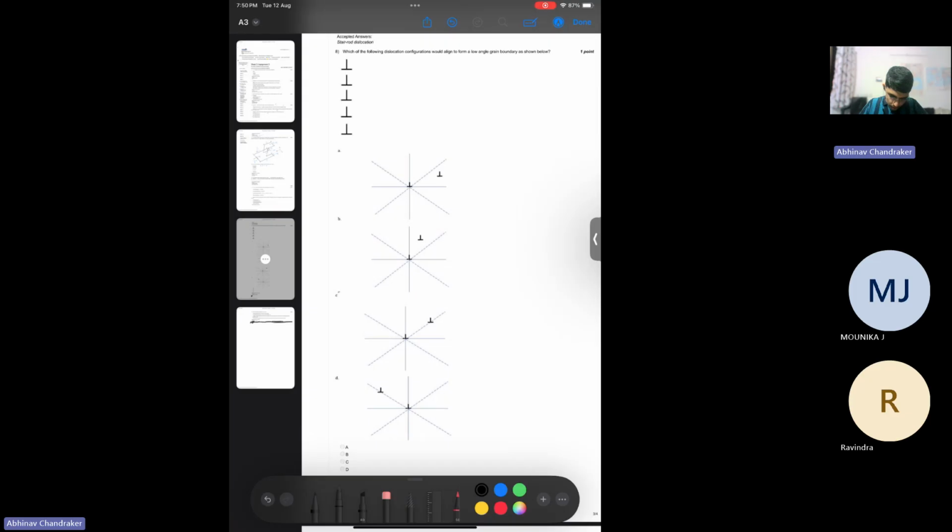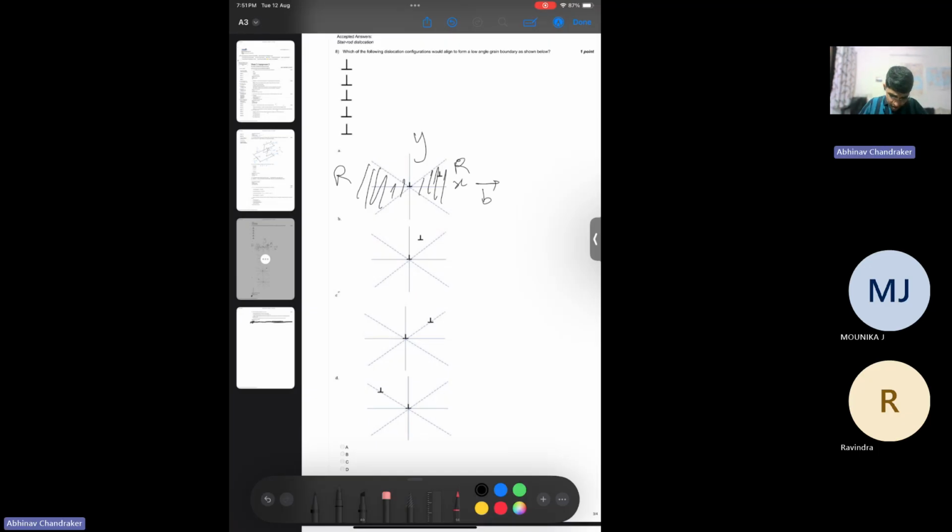So if this is x, y, the Burgers vector is along x, and the dislocation line is along z, then this portion is repulsive. This is repulsive. The rest on this plane is attractive.